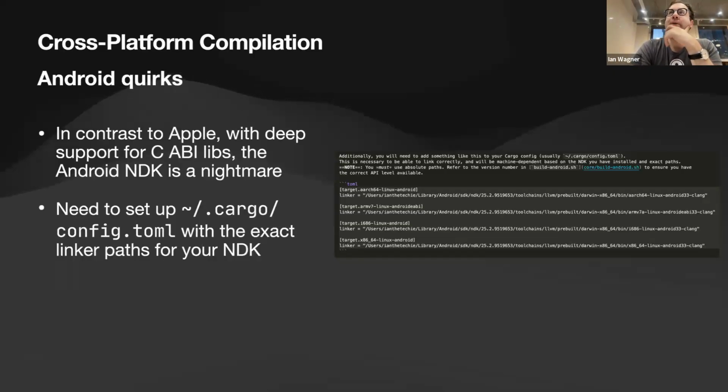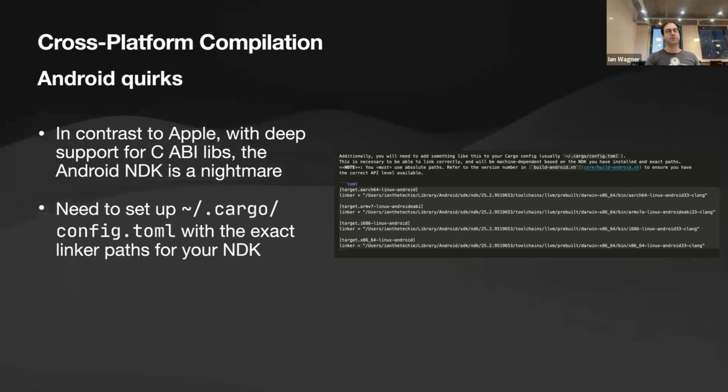Android had a few quirks. Apple platforms go way back with C-based languages. Historically, Apple used a language called Objective-C, which was a superset of C, similar to C++ but not as annoying. So it's really easy to link a C library with an iOS app.